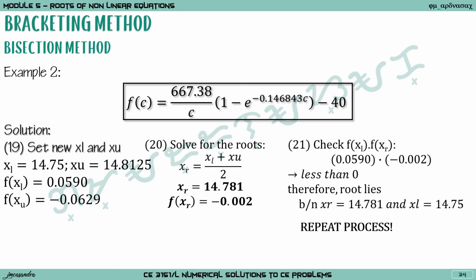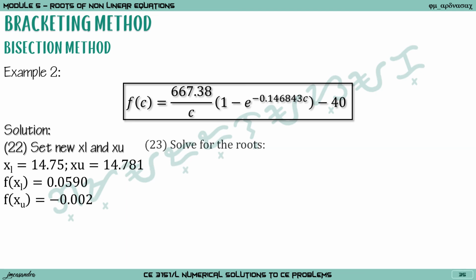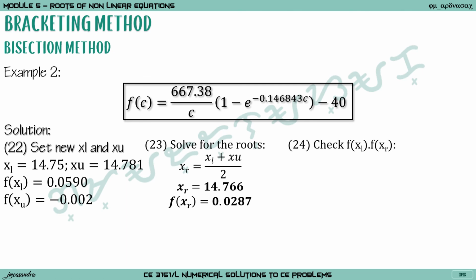So again, repeat the process using the new set of xl and xu. So we solve for xr, 14.766. The function is 0.0287. The product of f(xl) and f(xr) is greater than 0.